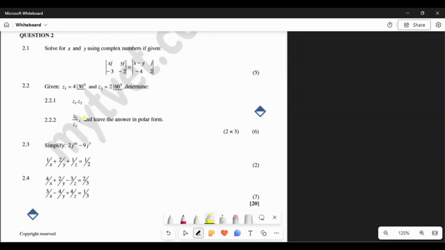Right guys, now it's time for us to do 2.4. Before you do it, please pay attention to this printing error that we see here. This question that you see here is actually under 2.4.